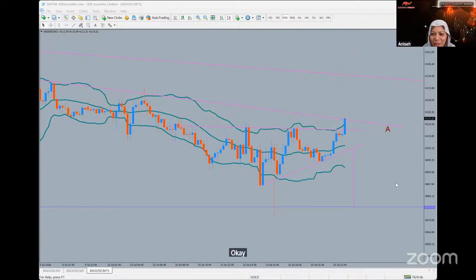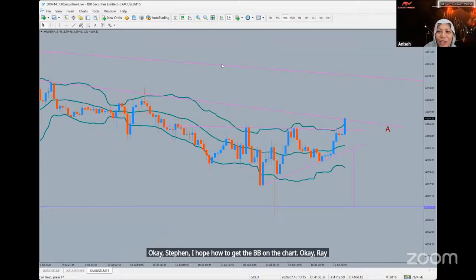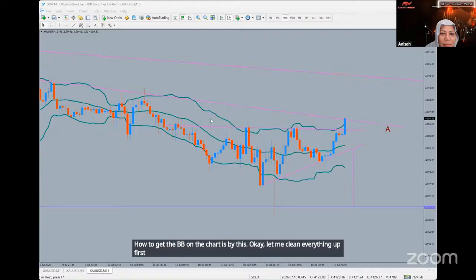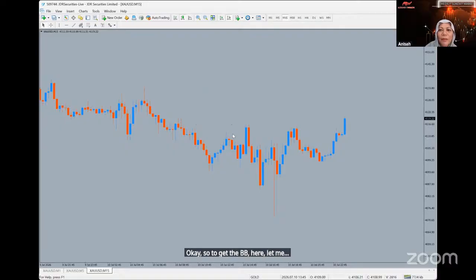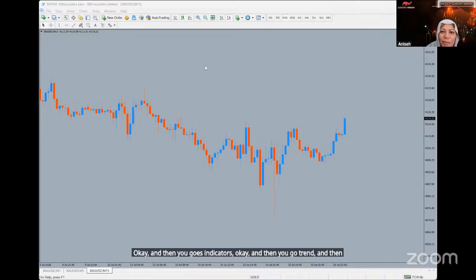Okay, Ray asks how to get the BB on the chart. Let me clean everything up first. On the top row menu, you go to insert, then indicators, then trend, and then you select Bollinger Band.